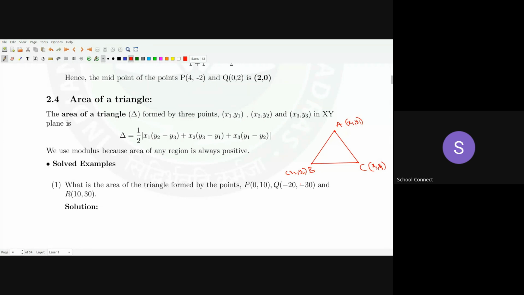But the only catch is you have to fix which point is which. For example, you are choosing 3 points like this. You have to fix what is your x1, y1, x2, y2, x3, y3. If you are fixing your x1 as 0 and y1 as 10, then till the last step of your computation, you should keep x1 as 0 and y1 as 10.